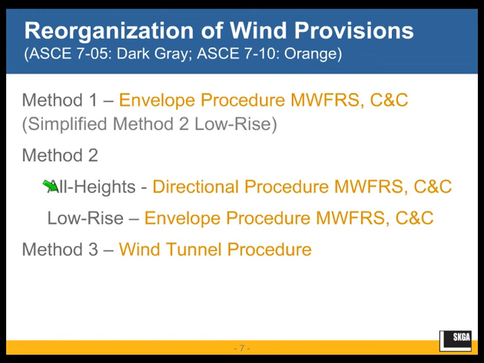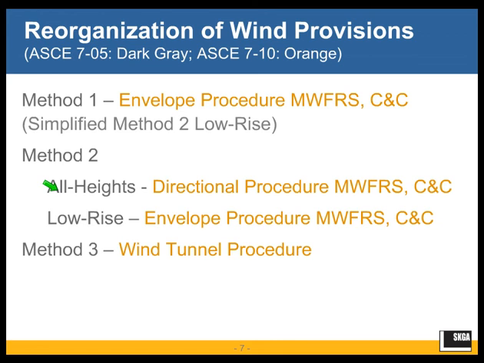And I thought the best way to explain that would be to go back to the so-called methods of wind design in ASCE 7-05. ASCE 7-05 has Method 1, simplified design; Method 2, analytical procedure; and Method 3, design based on wind tunnel testing, as you all know.